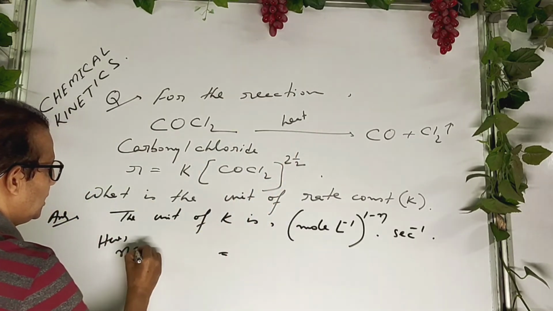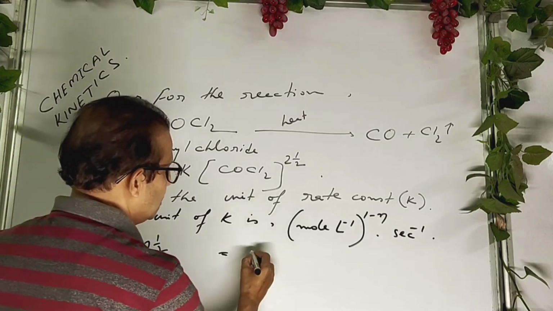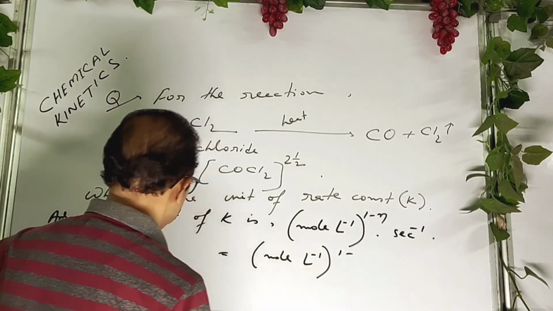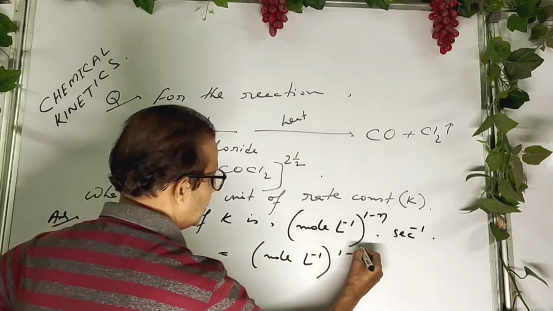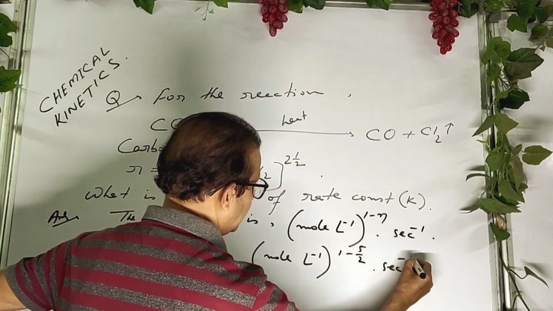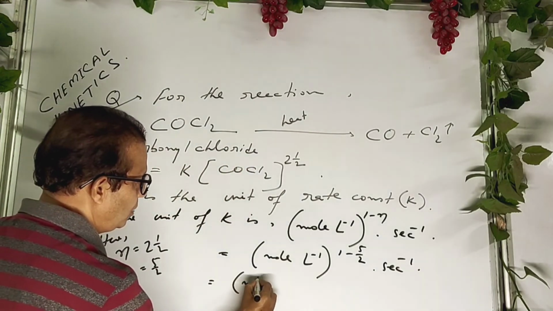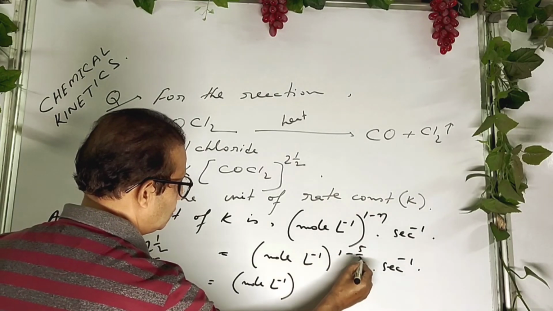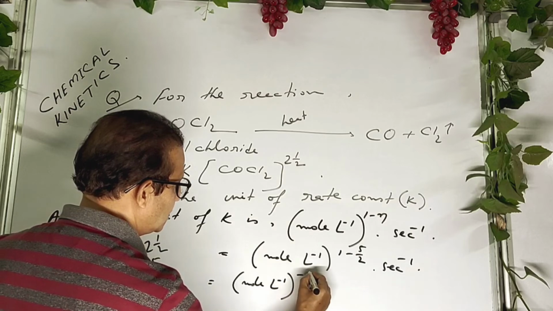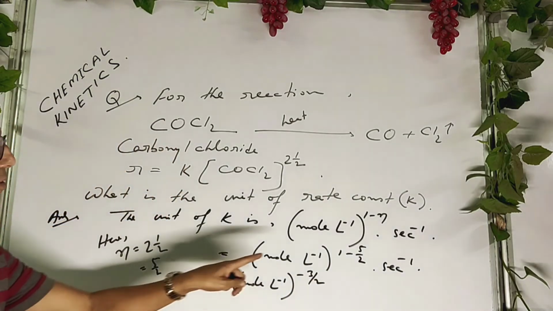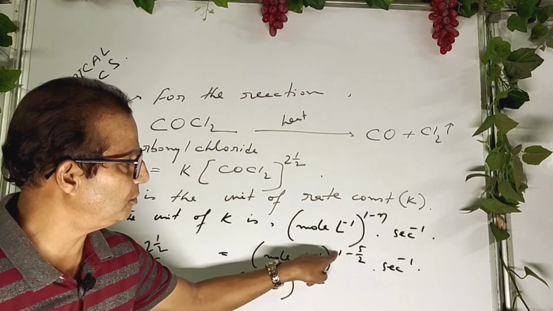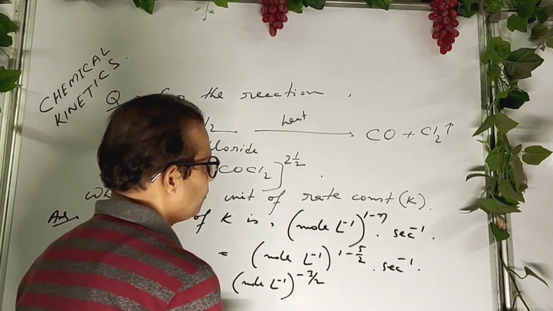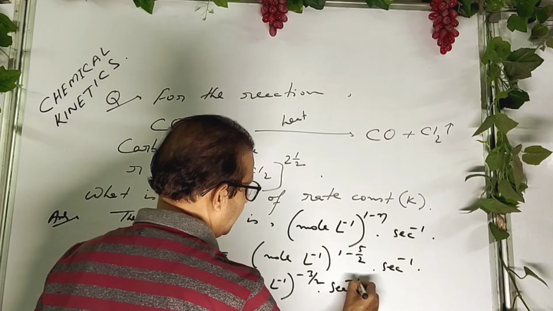So here the order, that is n, is 2 and a half. So it is mole per liter to the power 1 minus 5 by 2 into second inverse, equals mole per liter to the power, LCM 2, 2 minus 5, that is minus 3 by 2, into second inverse.